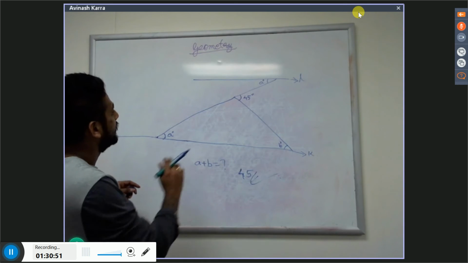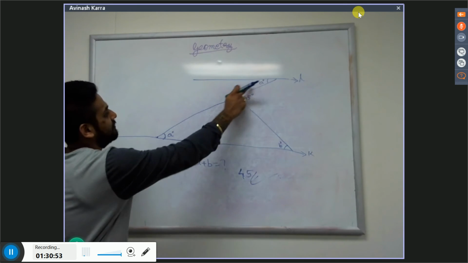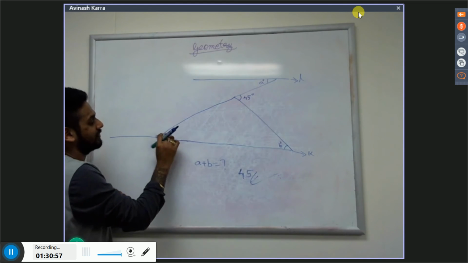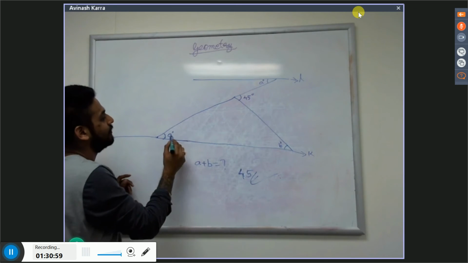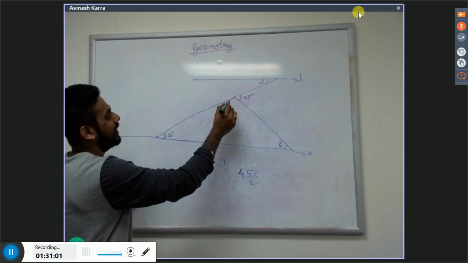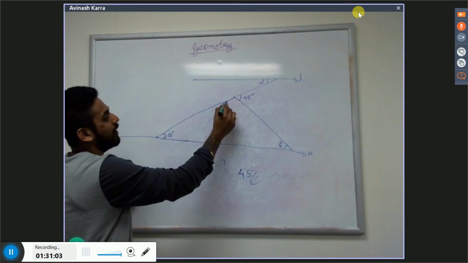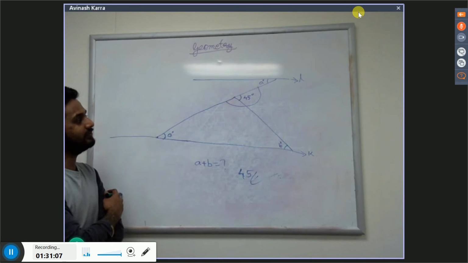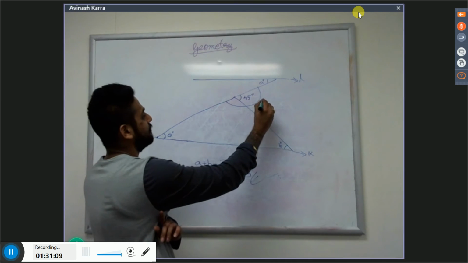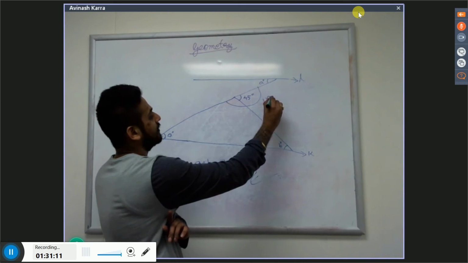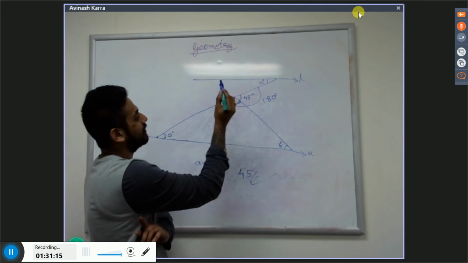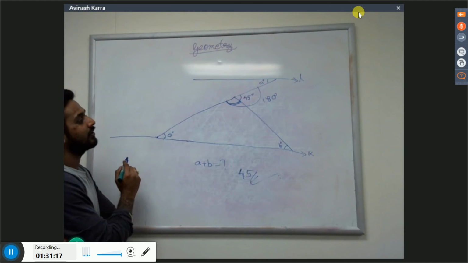So, A, what will be this angle? Angle A. So now it is a triangle, right? Yeah. And what is the whole angle? 180. Perfect. And what will be this angle? That's right, that A was 135.